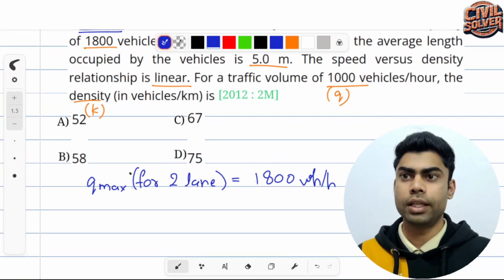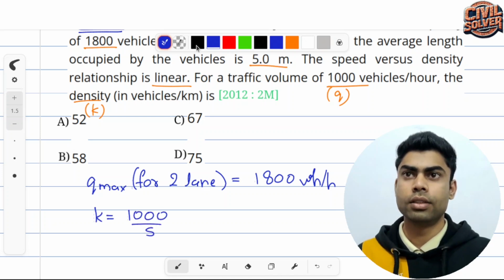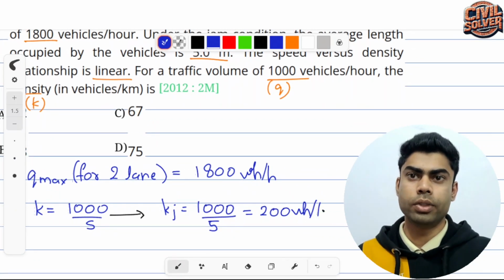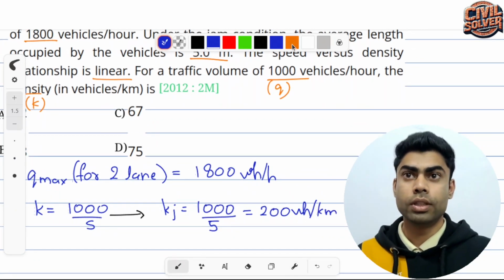That means if we use the relationship between density and space headway, K is equal to 1000 upon S. So at jam condition, it will be Kj is equal to 1000 upon S. What is S? It is 5. So it will be 200 vehicle per kilometer.